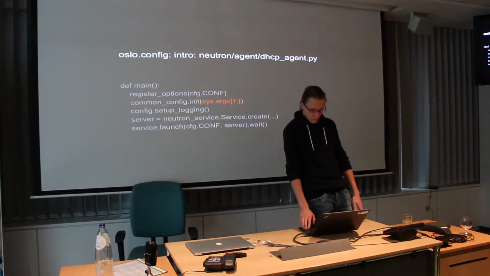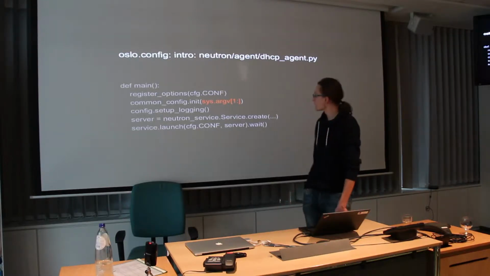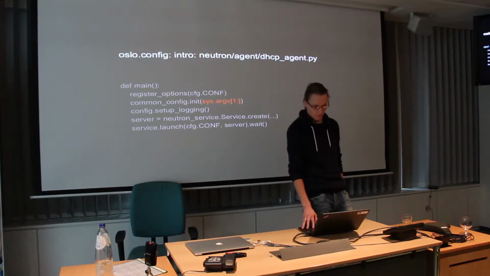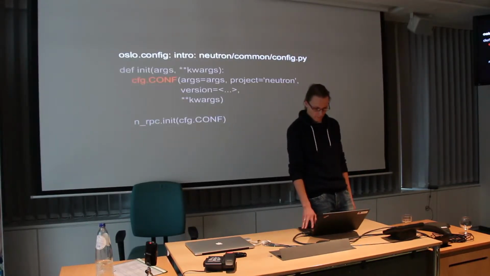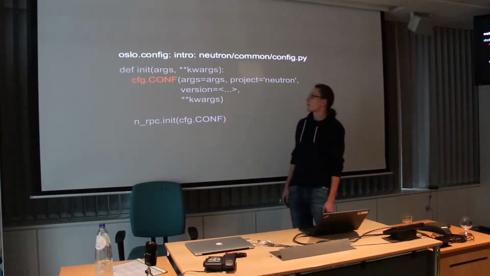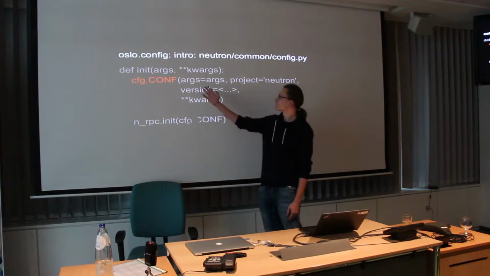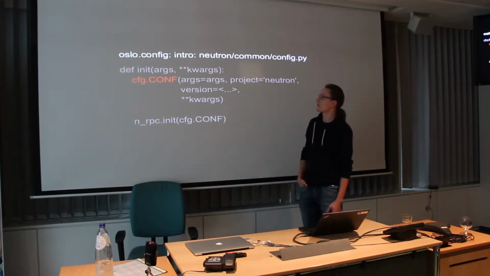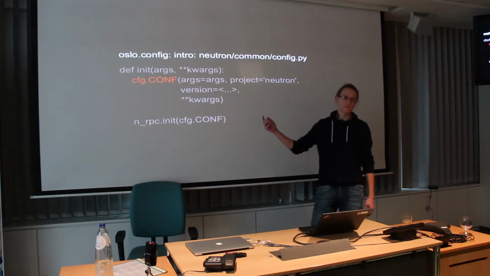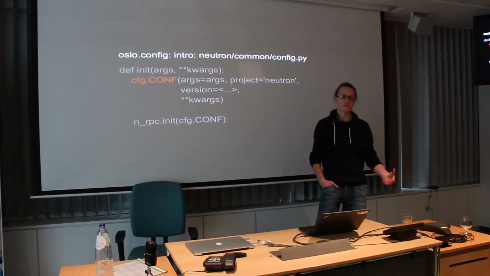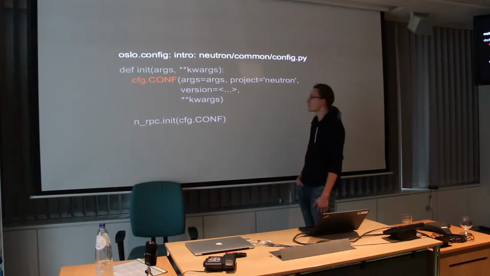So let's see what's going on inside this common config.init function, which is some Neutron-specific code. So basically what you have here is you use this global config object as a callable, and remember that before that you registered your specific options on that object, so it already knows how to parse the files.